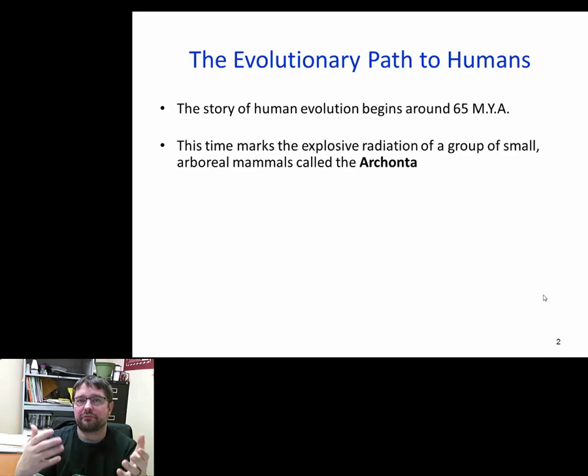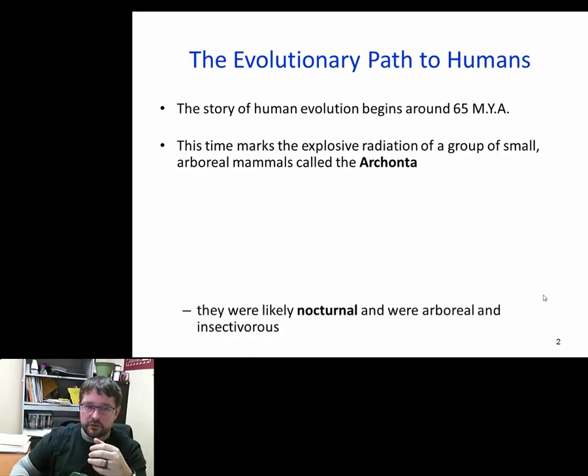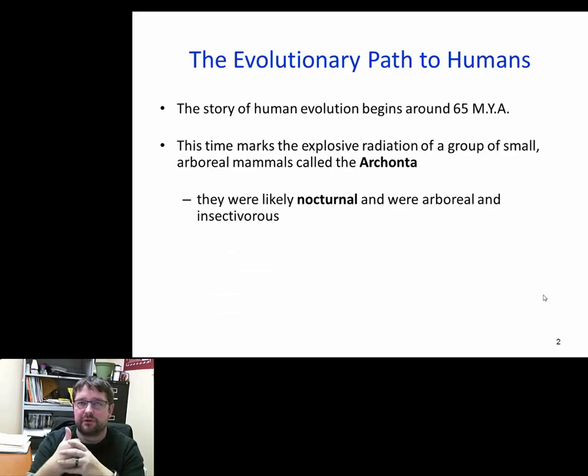Okay, so it would have adaptations to tree life. Because it had adaptations to tree life, we can see things like opposable thumbs, but we can also notice, based on the eye sockets, that it was a nocturnal arboreal insectivorous organism.